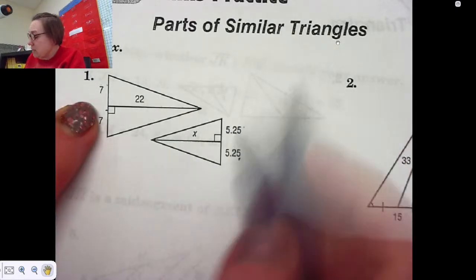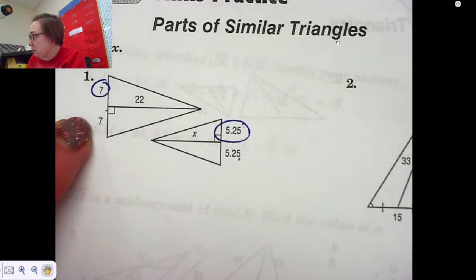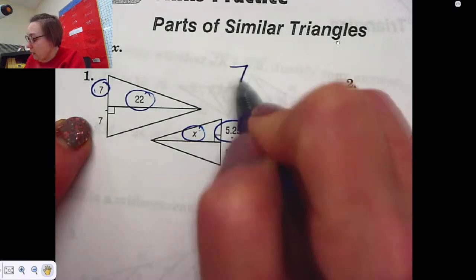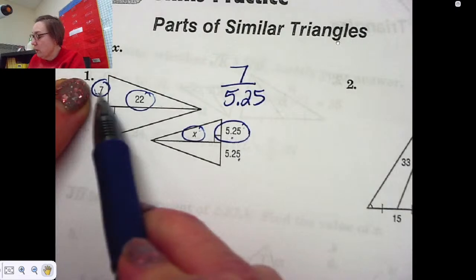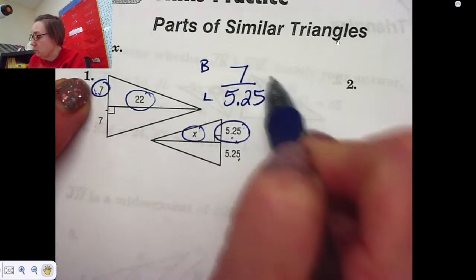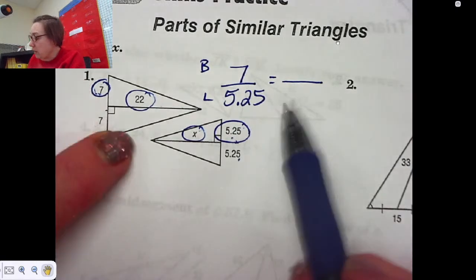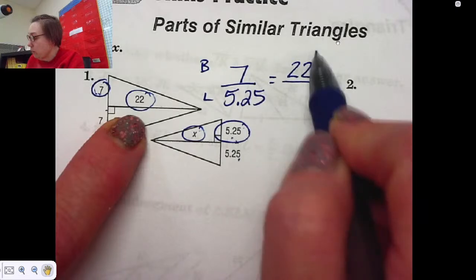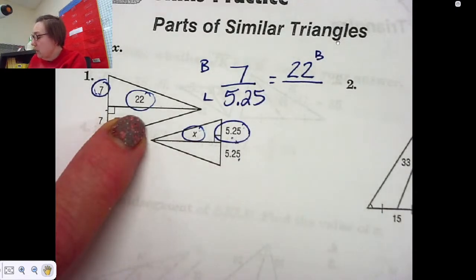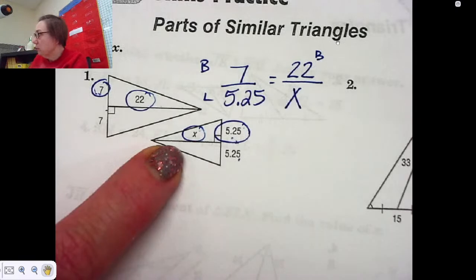We can set up a ratio of the sides, 7 over 5.25, big triangle to little triangle, so big on top, little on bottom. Then we put the bisector big on top and little on bottom. We don't know little.